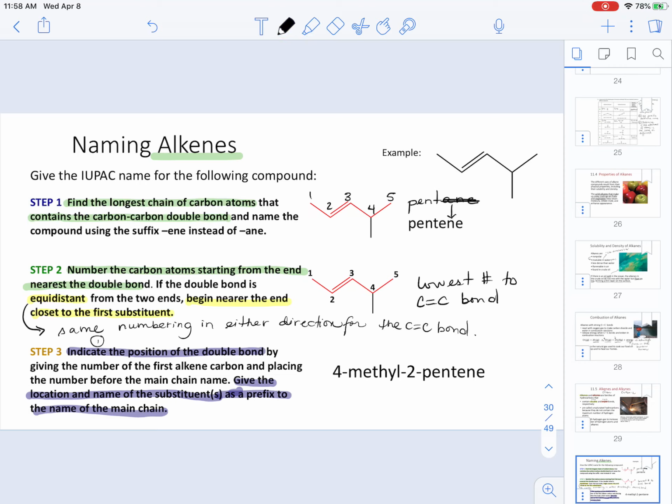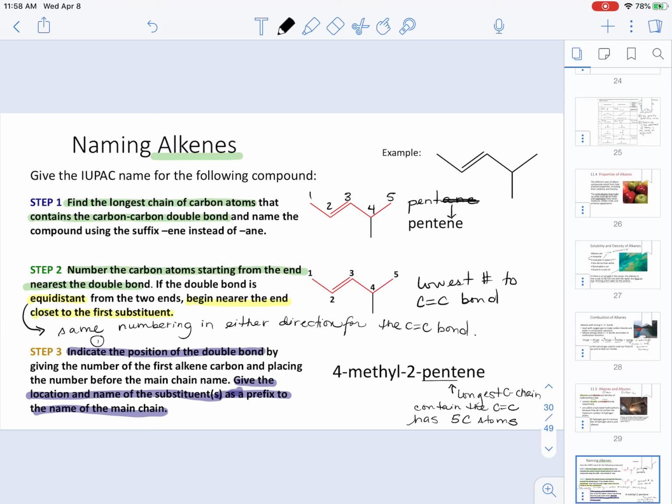What does this mean? In this case, the first word is pentene, which tells me that the longest carbon chain containing the carbon-carbon double bond has 5 carbon atoms.